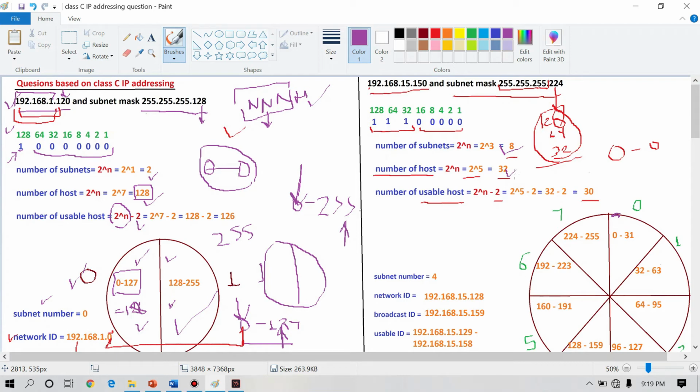So what we will do is simply divide 255 into 8 parts, and in a particular subnet we have 32 hosts. So I have written here 0 to 31. So 0 to 31 means it is equal to 32, because here 0 is also counted.